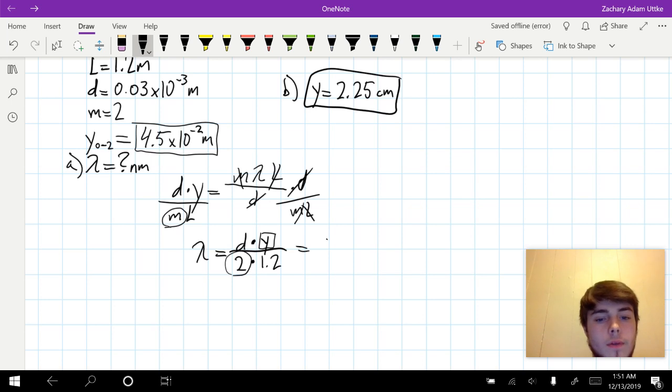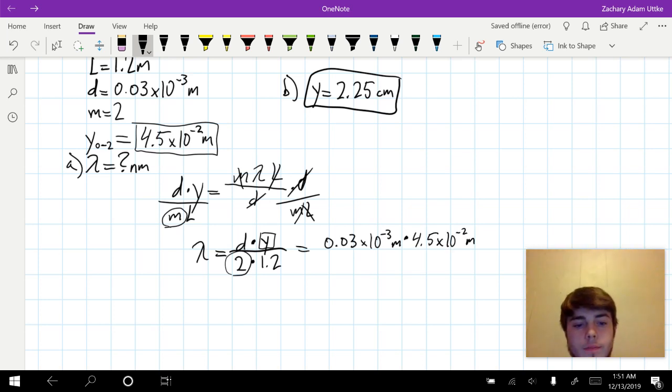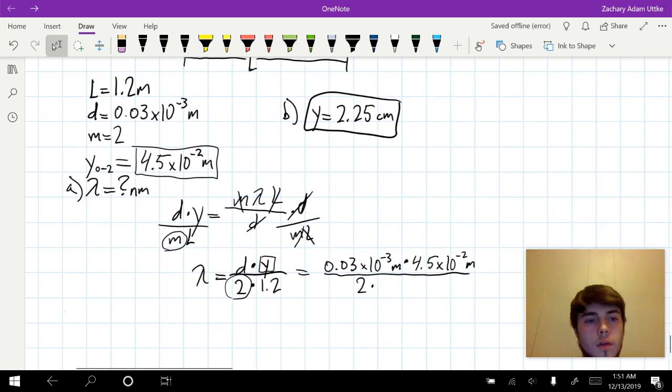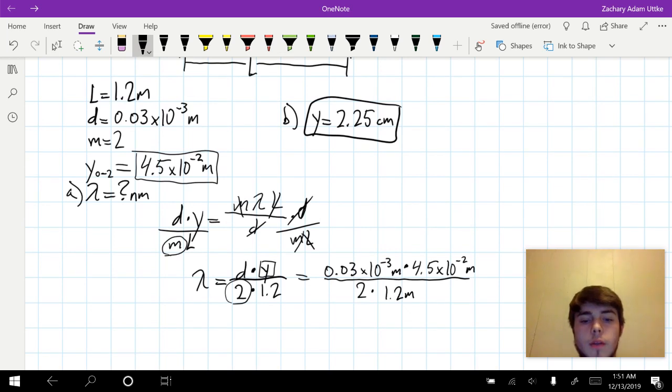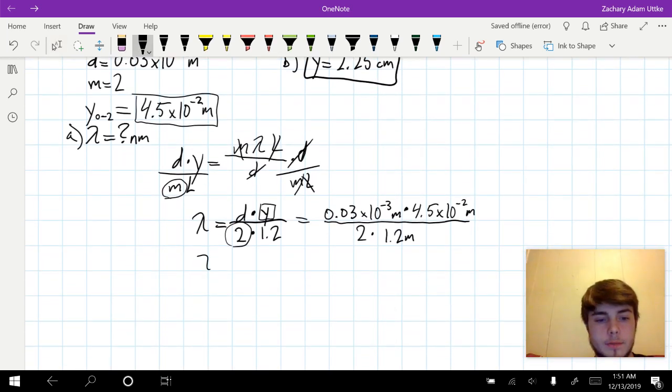So we have 0.03 times 10 to the negative third meters times y, which was 4.5 times 10 to the negative 2 meters, divided by m equals 2, just a number, times 1.2 meters of length. So you see that this will give us a unit of meters, which is good, that's what we want.